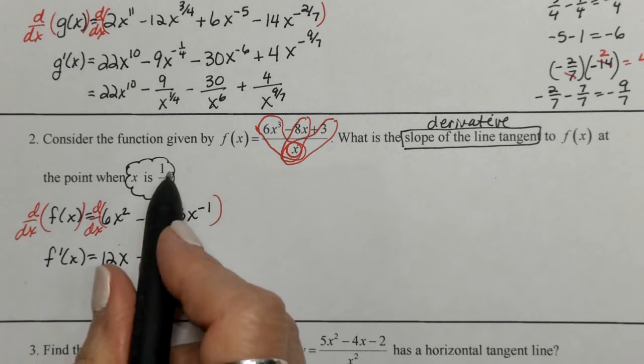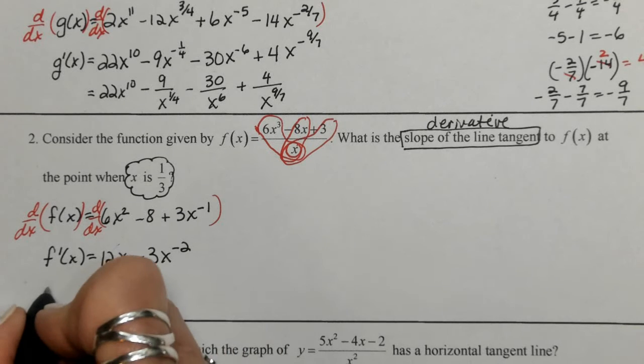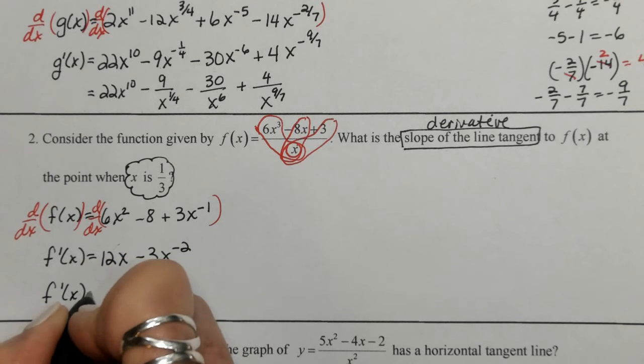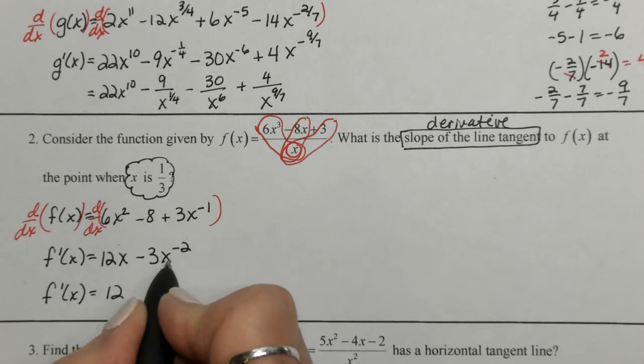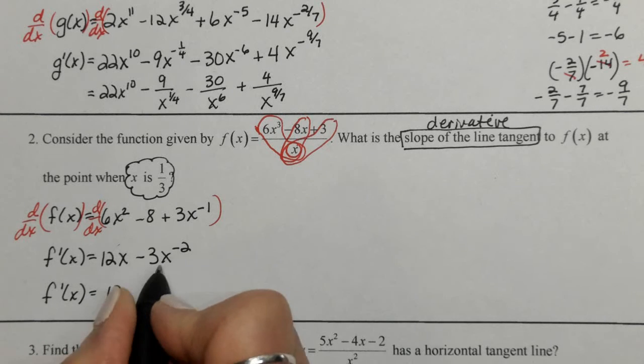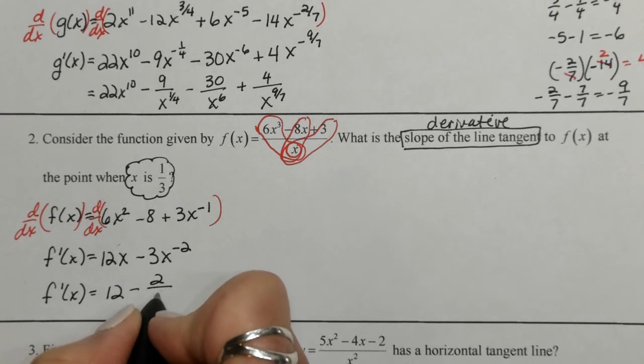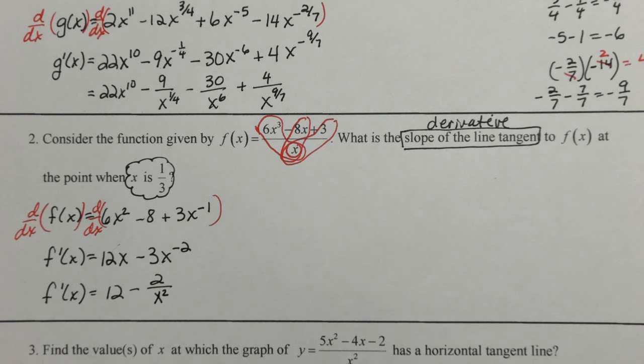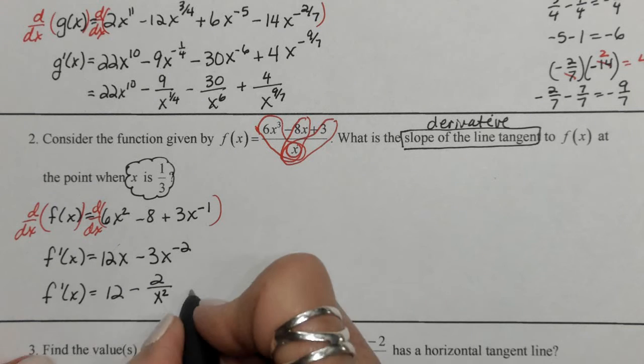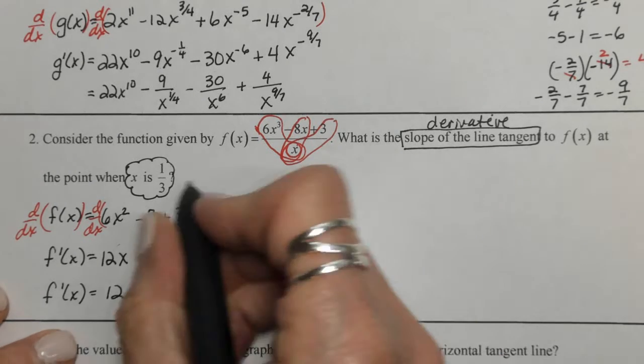However, we're about to plug in a value, so I definitely will help myself by moving this x to the negative 2 to the denominator of that term to make that 2 divided by x squared. Okay? Now I'm going to plug in 1/3 for x.